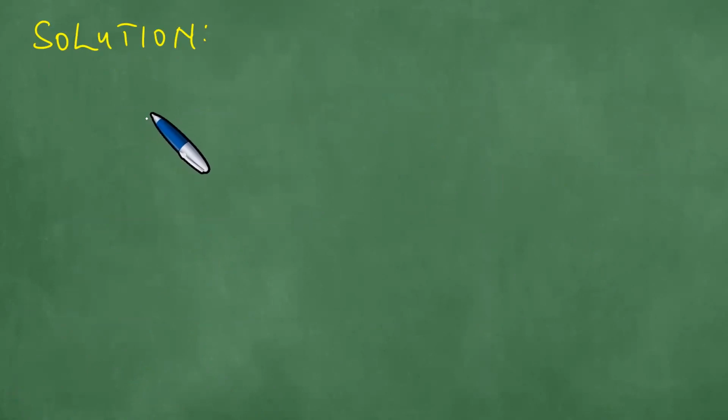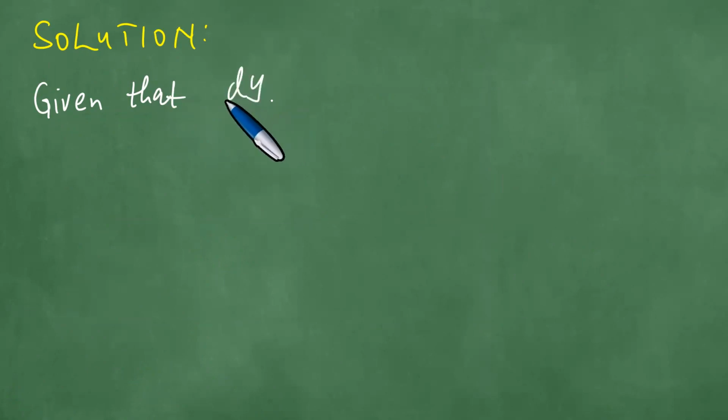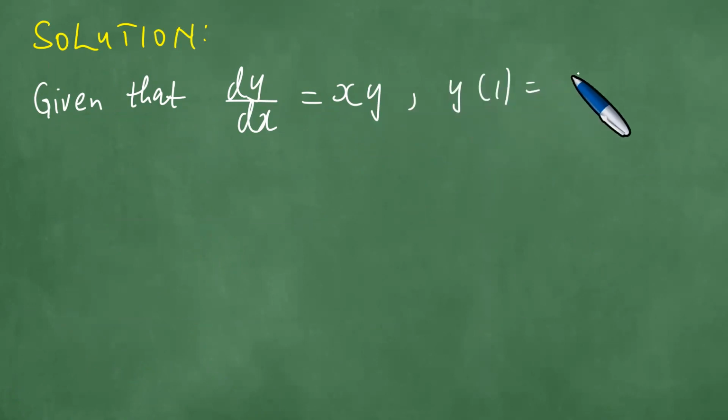Right, so part of the solution, we first write down the question. It's standard in mathematics to say, given that dy/dx is xy, that is the question, and also given that y at 1 is 5, that is the initial value.